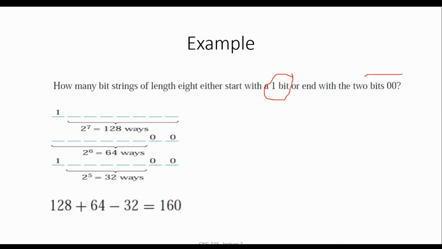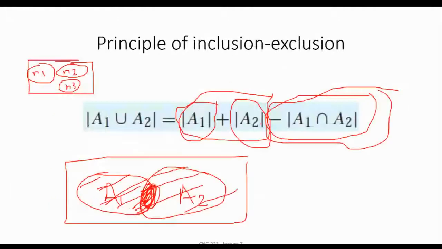So there are basically two conditions that I have here. If I want to use the previous formula, I should consider the number of possibilities for the first condition, then the second one, then subtract their intersection.